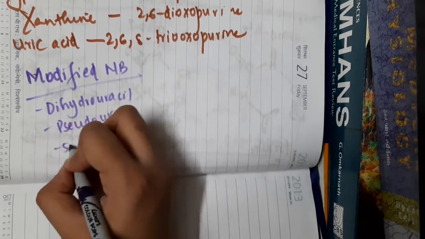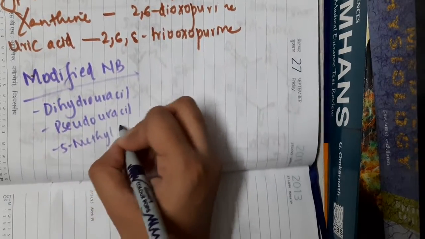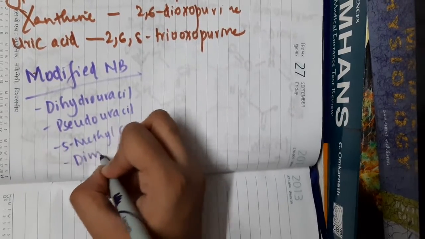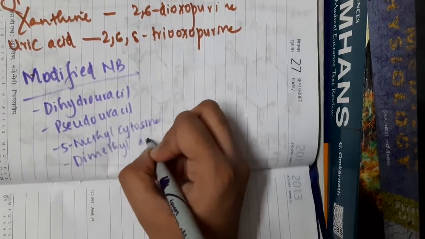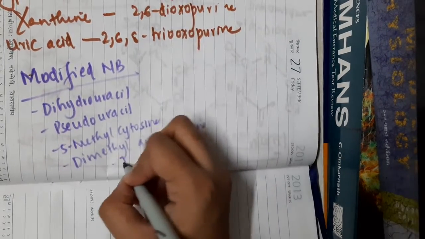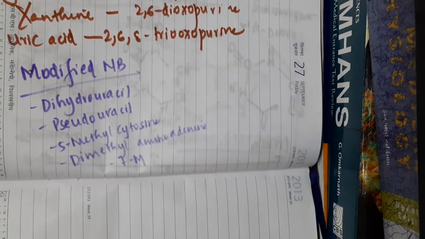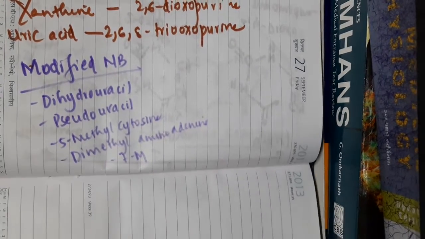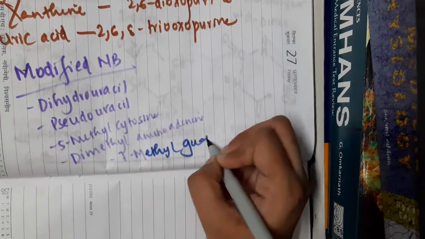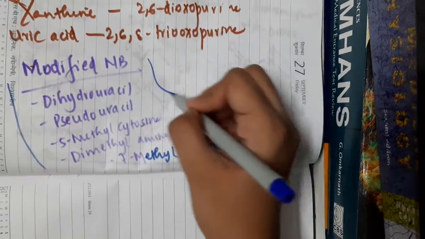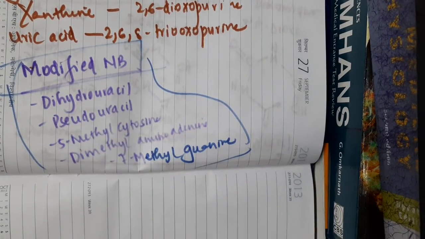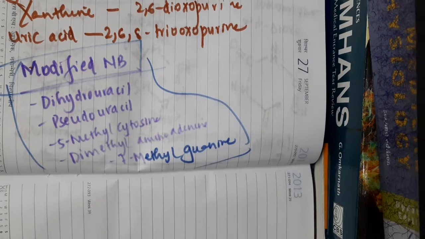Then we have 5-methyl cytosine, which is used as a modified nitrogen base. Then we have dimethyl amino adenine, also used as a modified nitrogen base. And we have 7-methyl guanine. So these are the compounds which are used as modified nitrogen bases. So this is about the nitrogenous bases.